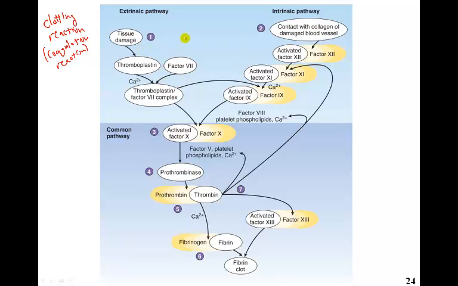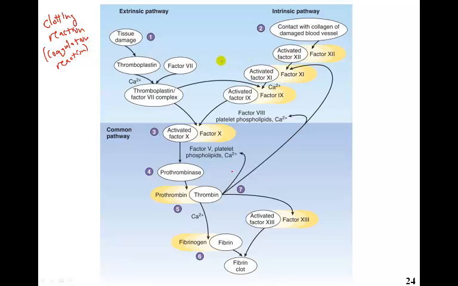But obviously there's a lot of stuff going on, a lot of steps. And so the first general principle I want you to see here is that the clotting reaction involves a sequence of steps involving a number of different what are called clotting factors. So, clotting factor 7, clotting factor 9, 12.